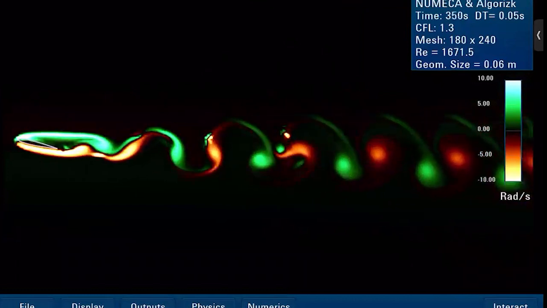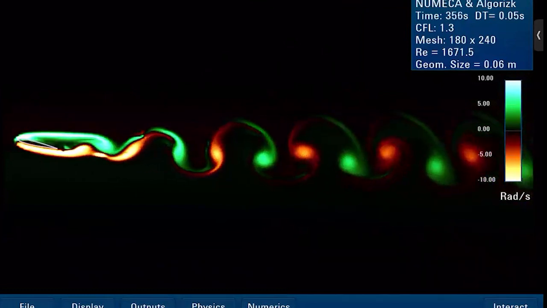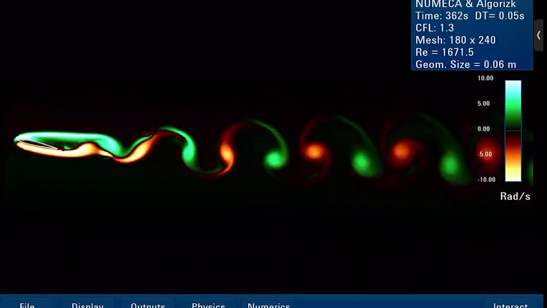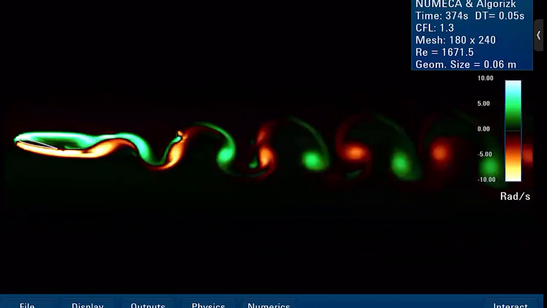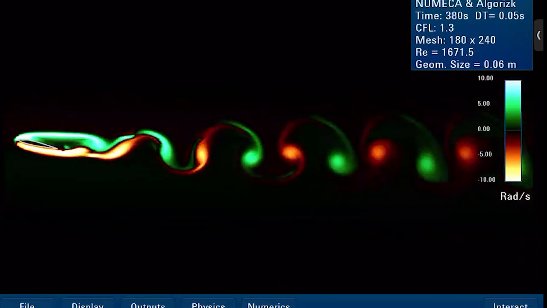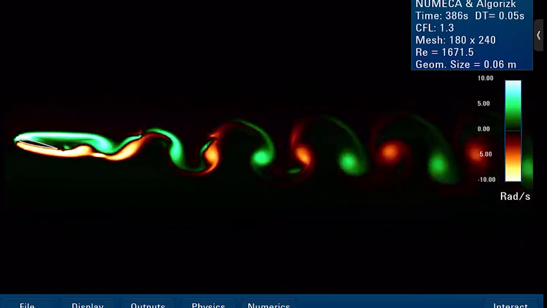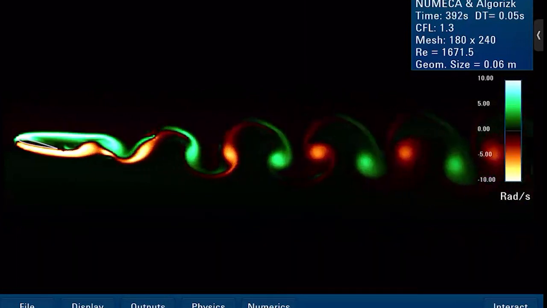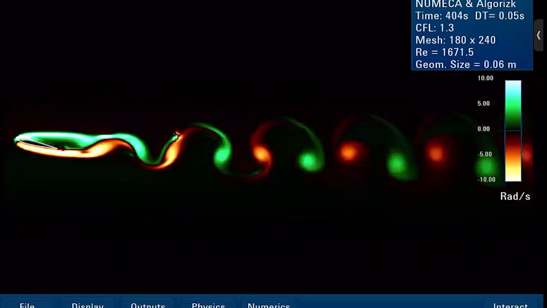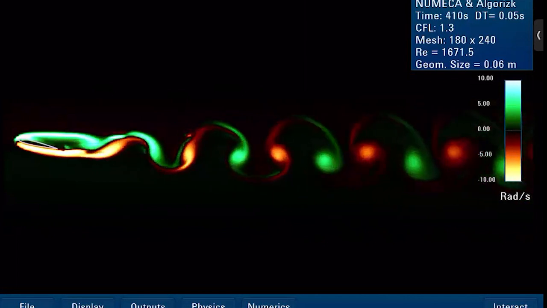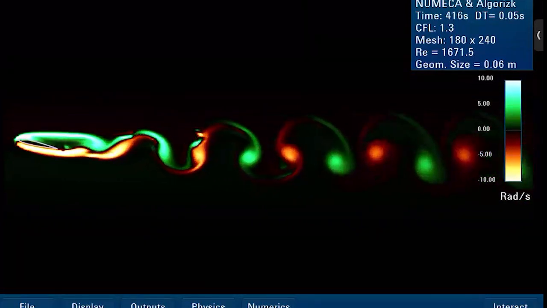One red, another green, one red, another green. It is basically showing you the frequency of shedding and the sign of it. Hope you can see that one green will be there and followed by another red. Can I go ahead?